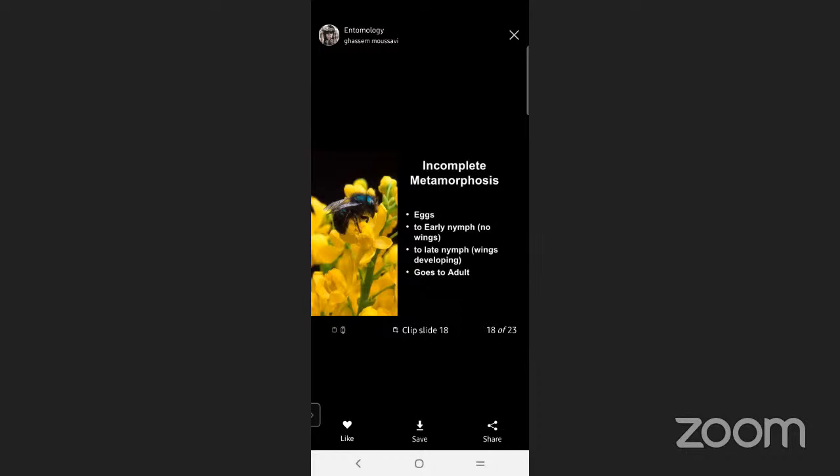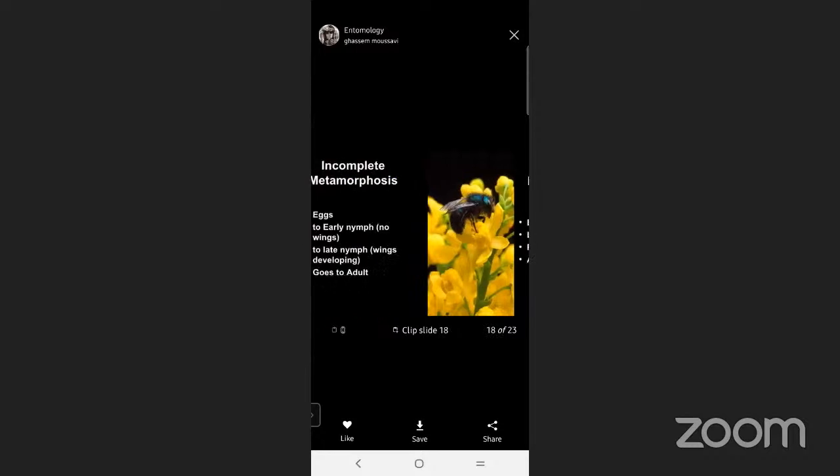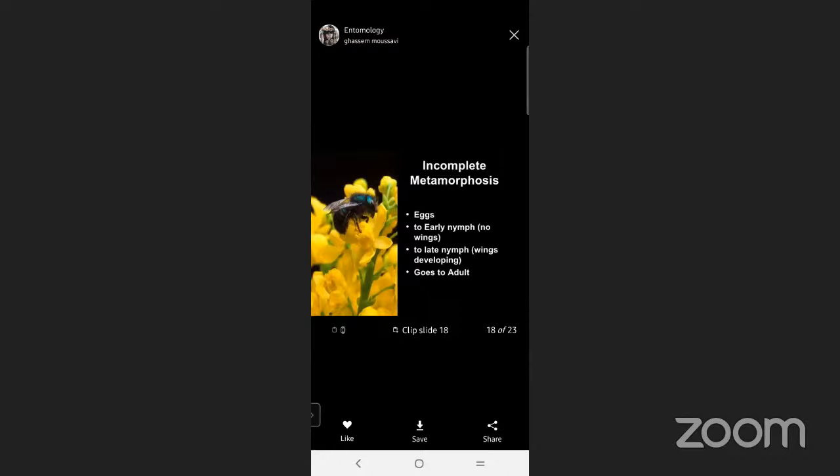If you take the silkworm life cycle, we come across 4 stages: egg, larva, pupa, and adult. This is a complete life cycle. And this is an incomplete metamorphosis: eggs, nymph stages, the late nymph developing wings, and adult.